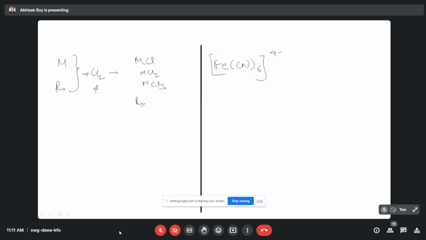So cyanide is present like this, as ferrocyanide.